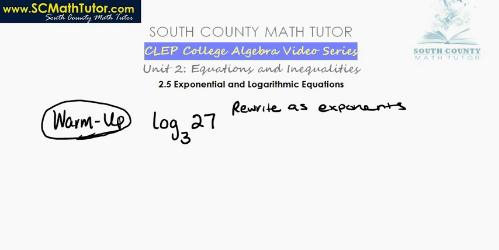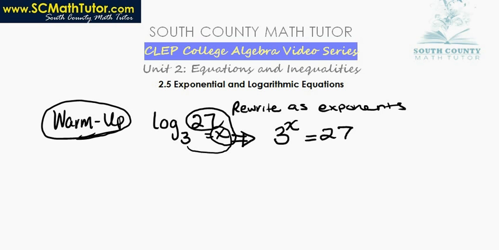To rewrite it as an exponent, you would write 3 to the x equals 27. Okay, so that's the circle of life. 3 to the x equals 27. Number 1.